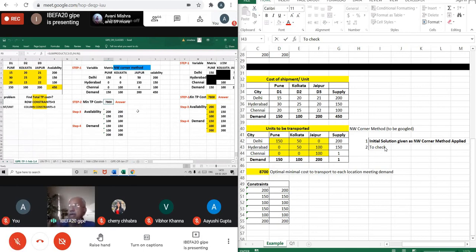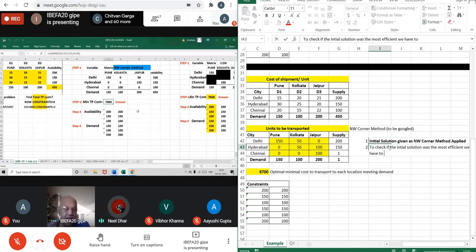Correct. So if you want to verify the initial solution, what do you have to do? Sir, we didn't understand this sentence. If the initial solution is given, to verify whether it is optimum, what do you have to do? Sir, mathematically, we just have to prove one case that is better than that, and we'll say that is not the most effective solution.